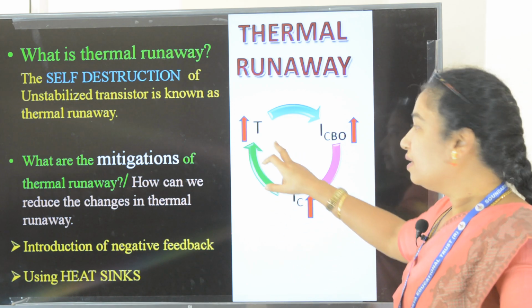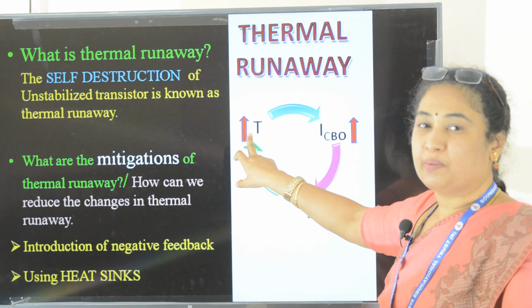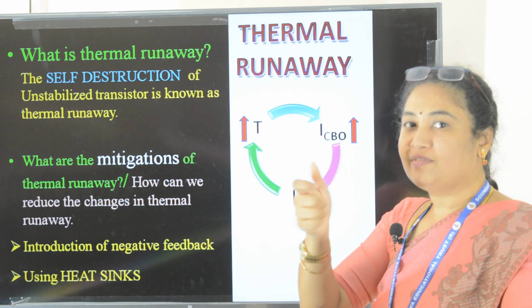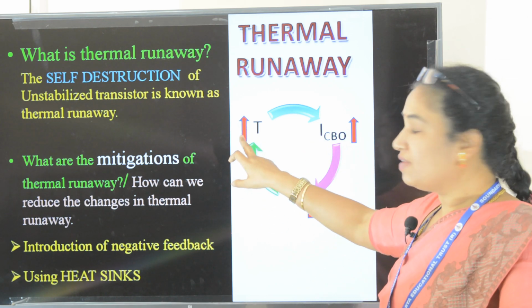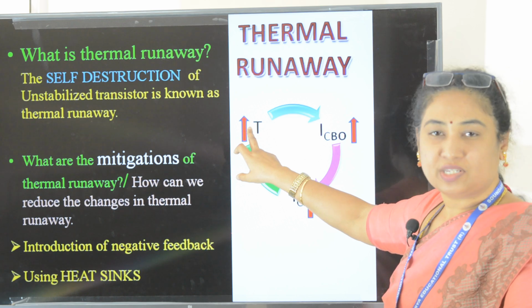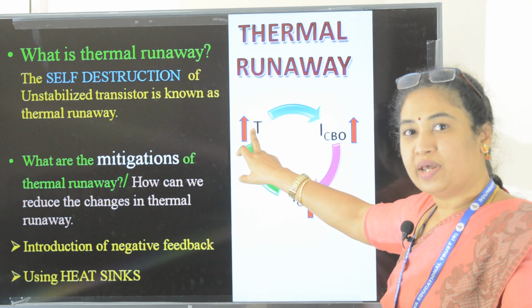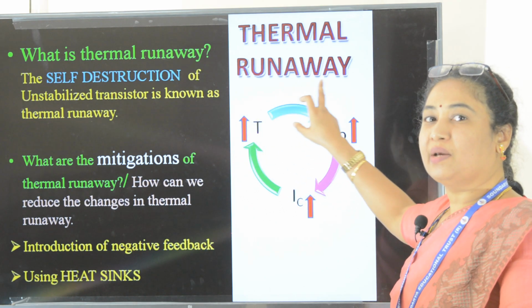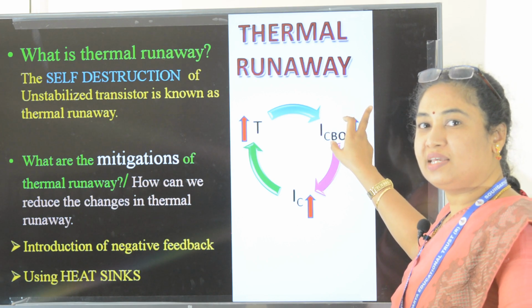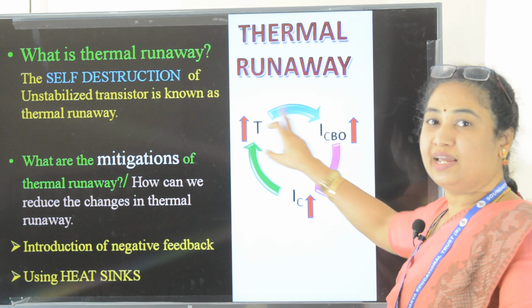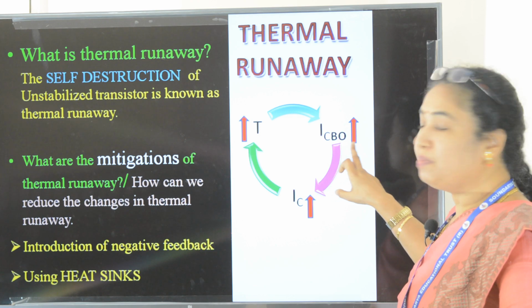As I told you, the temperature increases because of the reverse bias that we have given. As the reverse bias voltage is increased, the temperature of the junction increases. As the temperature is increased, the leakage current ICBO, which is directly linked to temperature, will increase.